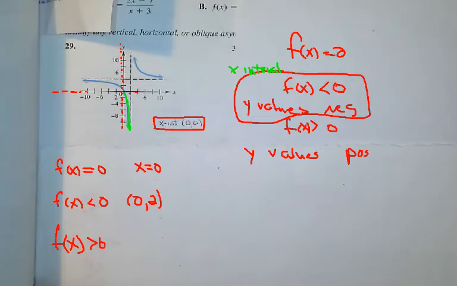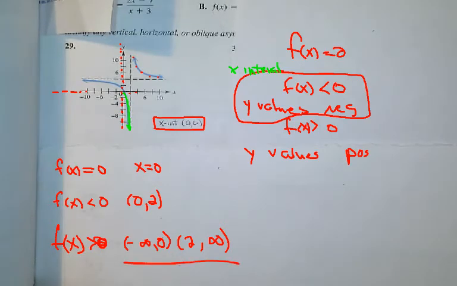So from negative infinity to 0, and then again after this asymptote, all of this graph is above 0. This whole graph here is positive. So that means after 2, it's positive.